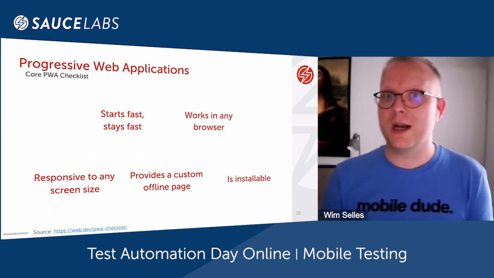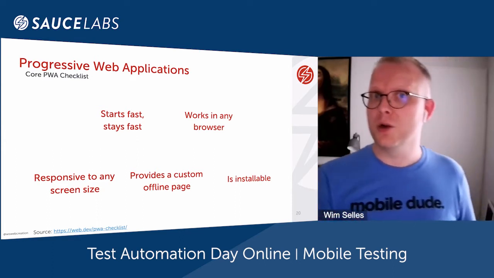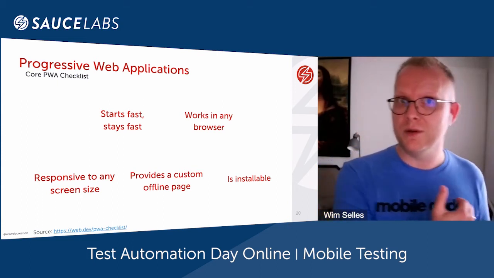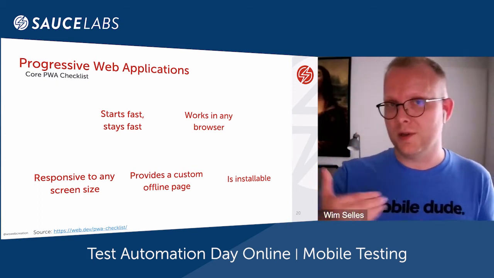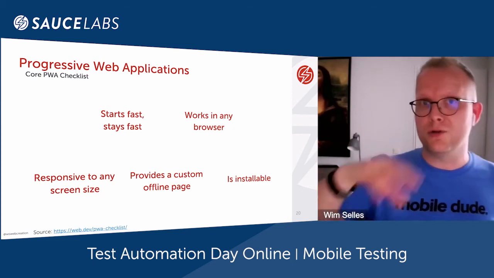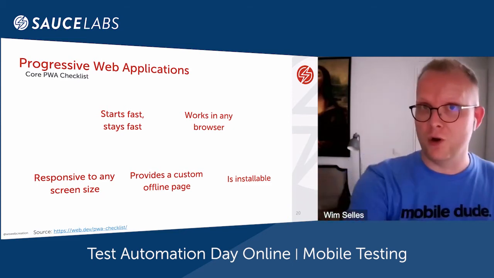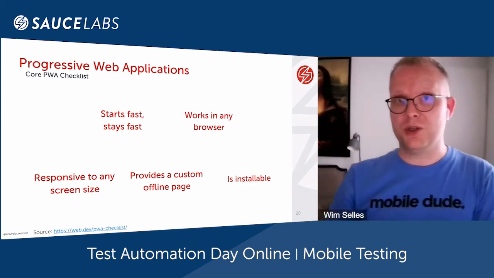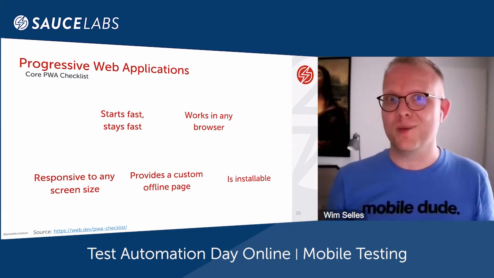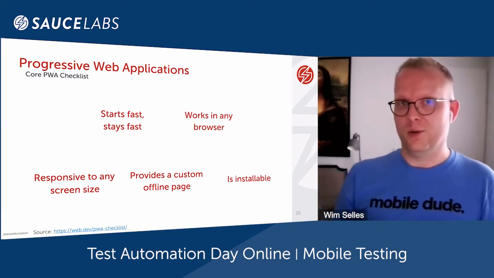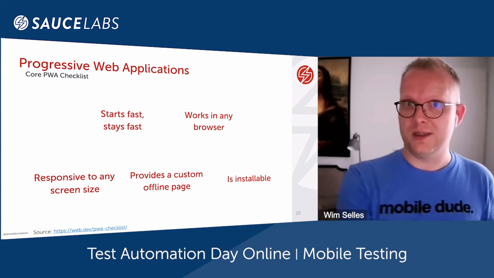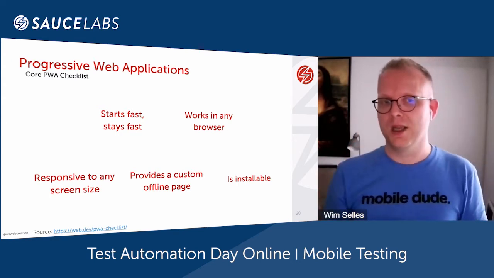Does it work in every browser? You can even test it now on Chrome on your desktop machine. If you, after this presentation, or basically after this day, go to saucedemo.com on your Chrome browser on your desktop machine, you can even create an installable of the Sauce Demo app, which is not the same as a browser. It's basically a single application.